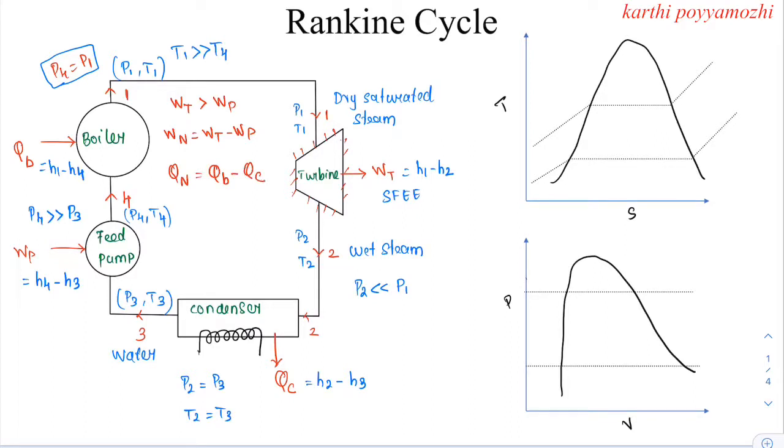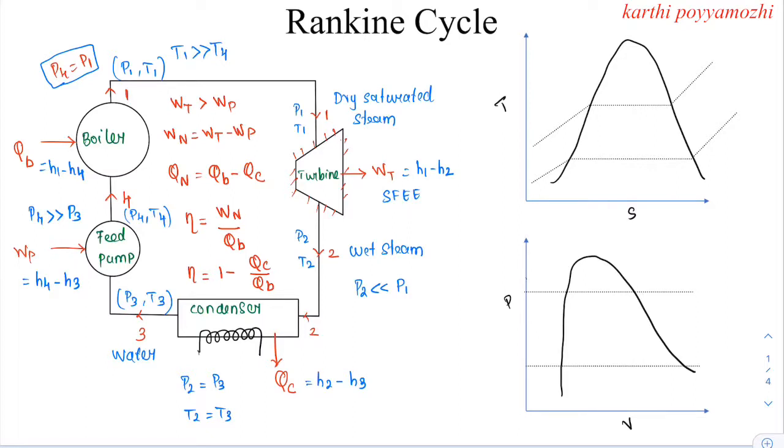That is, the heat which is given to the boiler is more compared to the heat which is being rejected from the condenser, and the efficiency of the system is given as Wn divided by QB, where Wn is the net work done and QB is the heat which is added to the system. From this, the efficiency can be written as 1 minus QC by QB, where QC is the heat rejection and QB is the heat addition to the system.